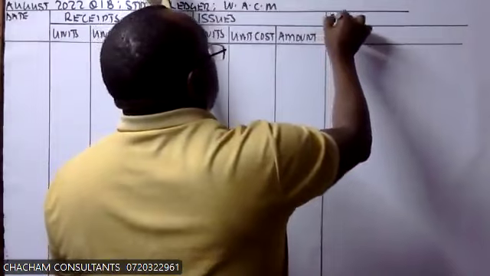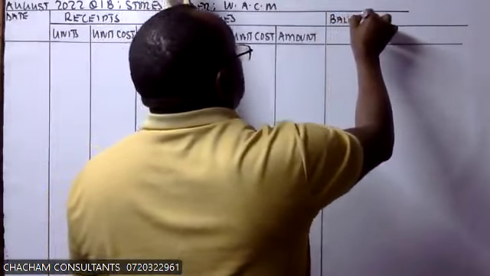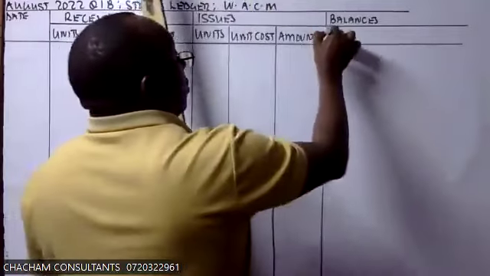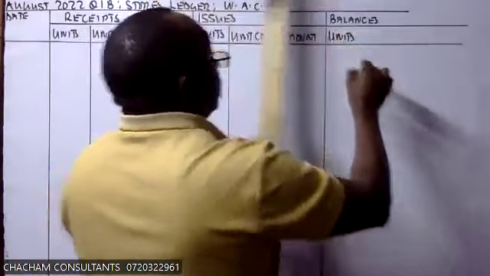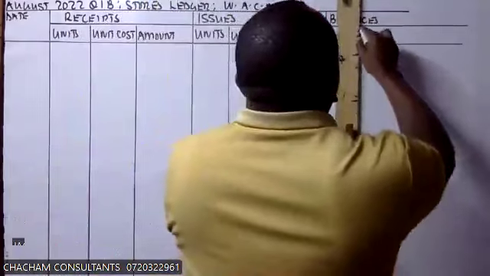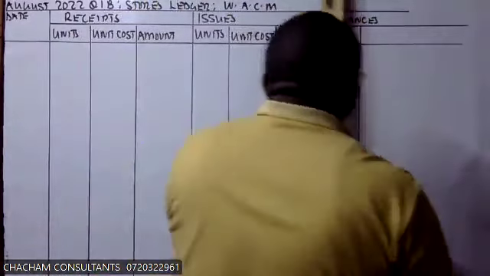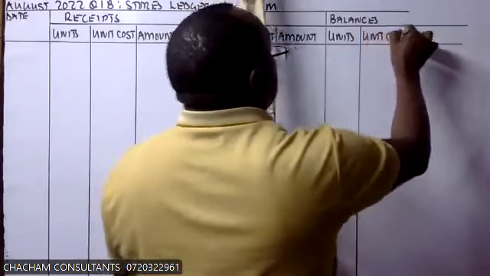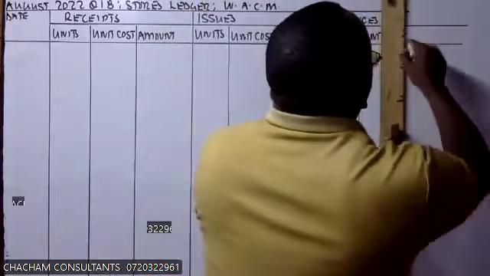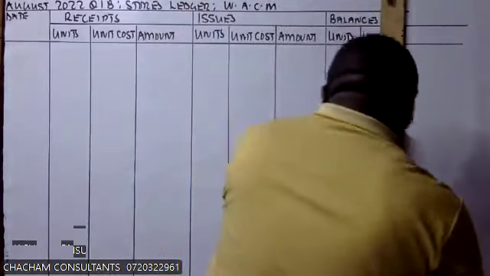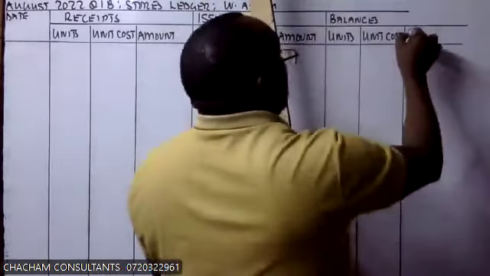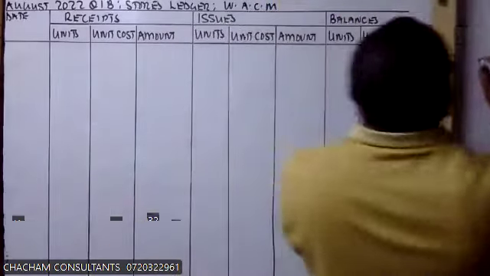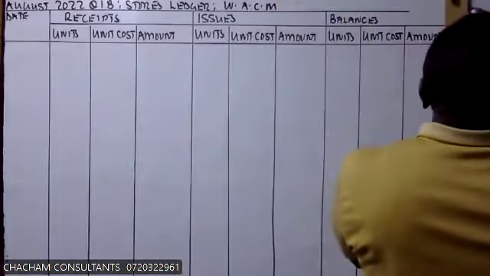We come to balances. We have units, unit costs, and we do have amount.